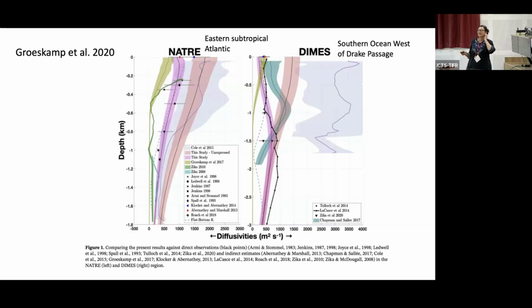Some of these are direct mixing estimates, these points, and some are more indirect. You see there's a wide variety of depth dependence, even for these locations. So there's more work still to do. Thank you for listening to this first part.